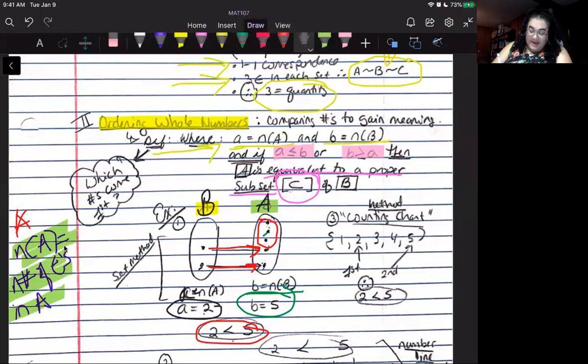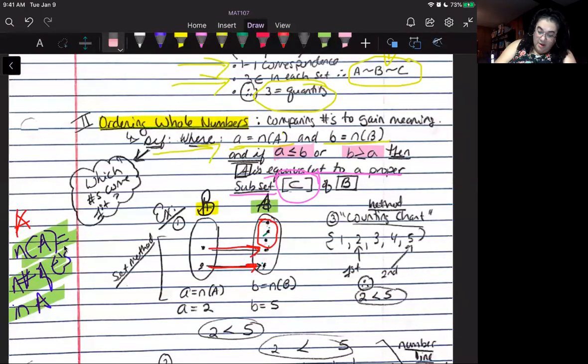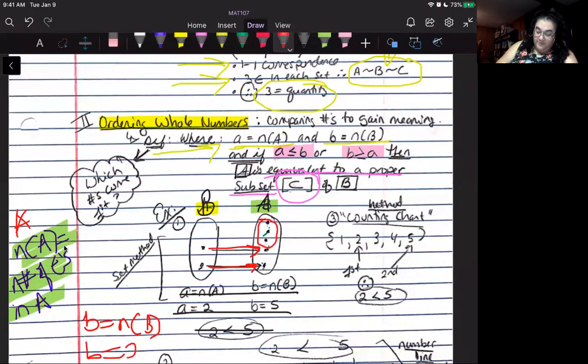Then we would say, and let me see if I can erase this to make it a little easier, that b is equal to the number of elements in set B, and that lowercase b is equal to 2.